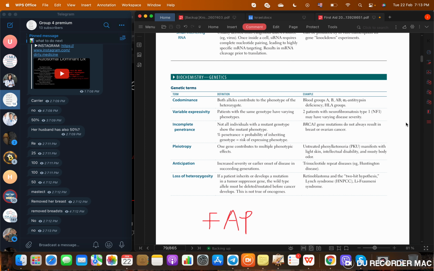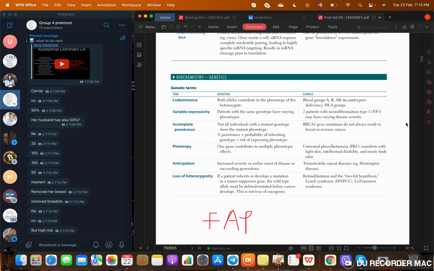Yeah, that's true. This is why we, as physicians, do not check all ladies for BRCA mutation, except those of high risk, okay? We only check those with high risk for BRCA mutation. Why?